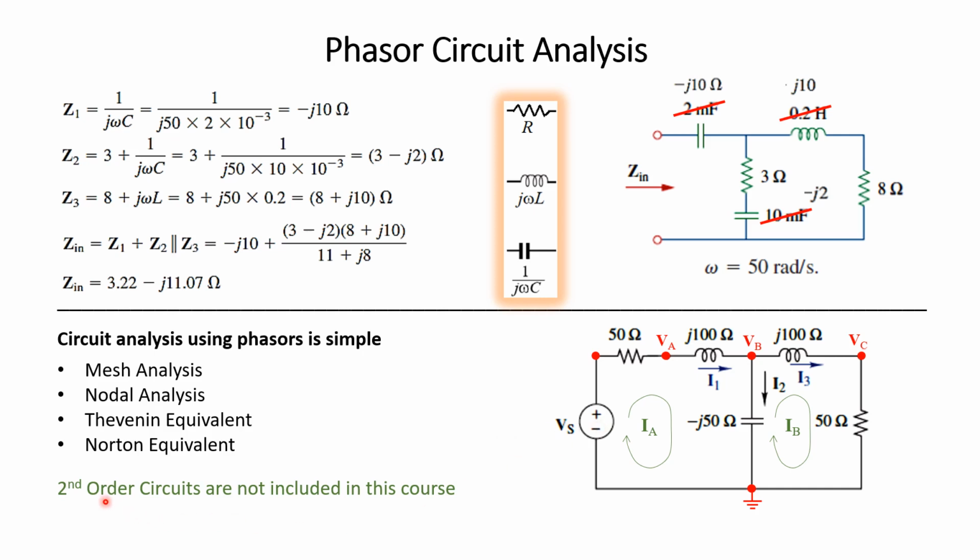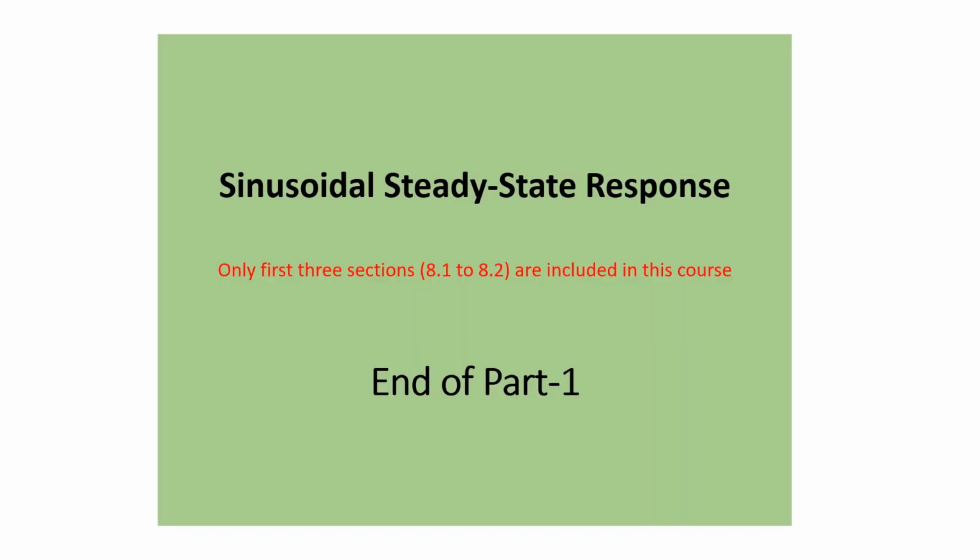Though only first order circuits are included in this course, I have just given you an example of a second order, a third order circuit. This is the end of part 1, and only two sections, 8.1 and 8.2, are included in this course.